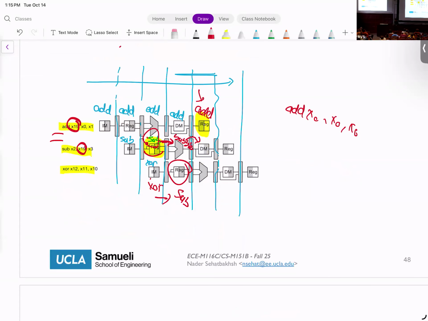Think about this: with sub, now all of a sudden a bubble. You would have passed sub to the next stage, right? You had the control signal for the sub, RS1 for the sub, RS2 for the sub. You replace that with zeros. I'm going to show you the data path, you'll see it. But that's kind of it: take that out, replace it with zeros. So you inject the bubble inside your code.